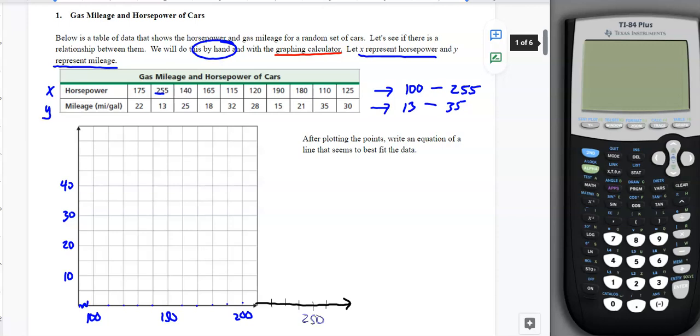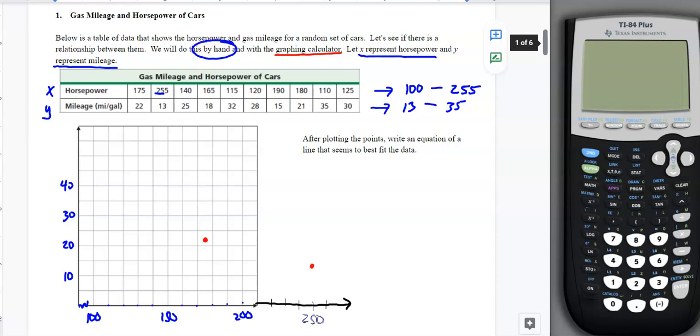So let's put these dots on the graph here real quick. So horsepower of 175 and gas mileage of 22. I believe that dot is going to go right in here. Then we've got to do 255 goes up to 13.